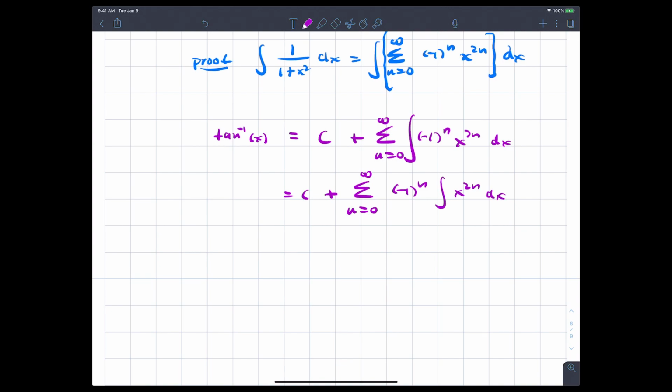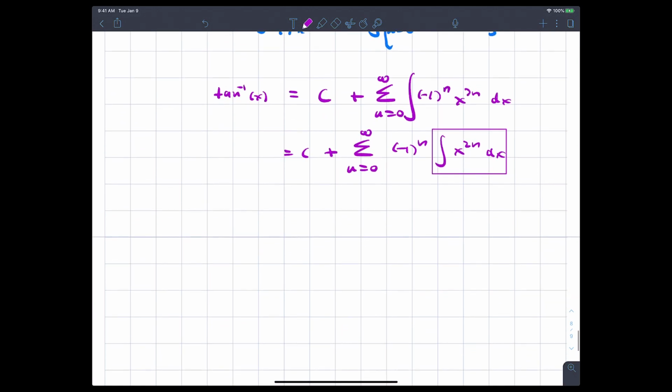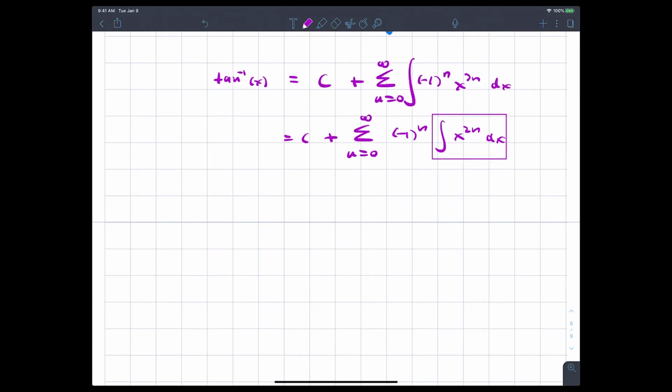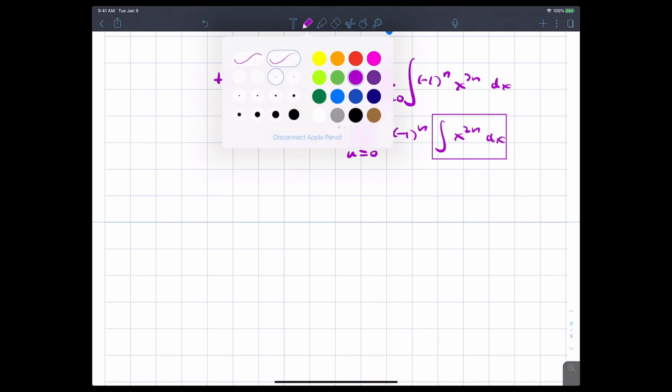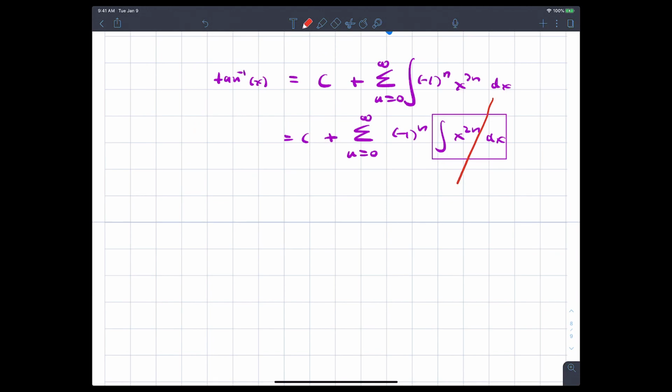So we're really right here, all of this by properties of summation and properties of integrals. Well, this is going to be x to the 2n plus 1 over 2n plus 1 by the power rule. And I guess that's where the red comes in. X to the 2n plus 1 over this 2n plus 1.